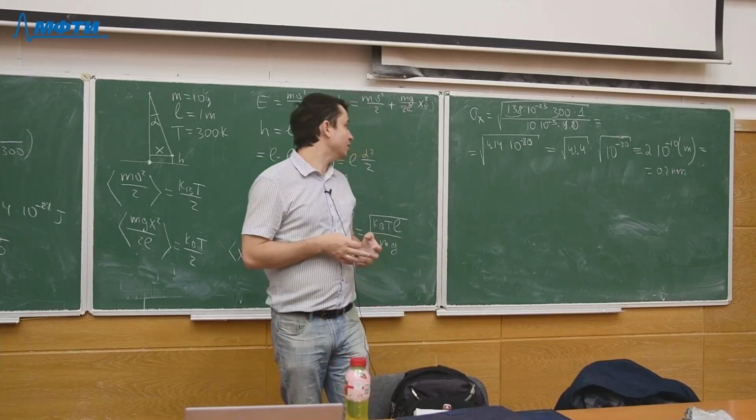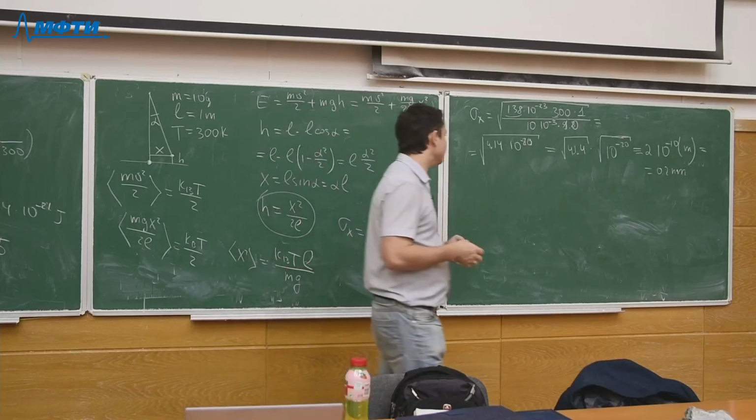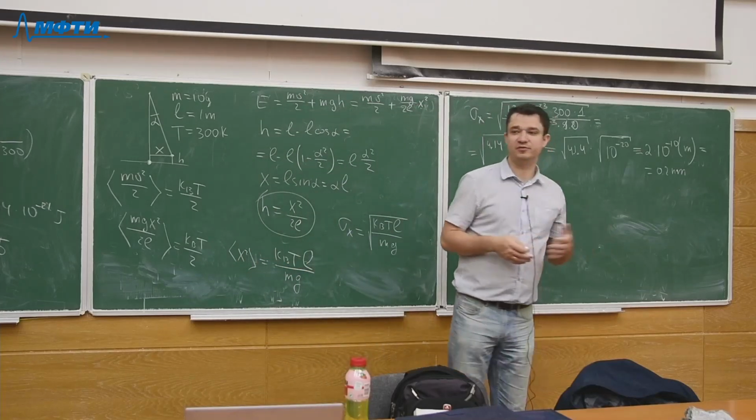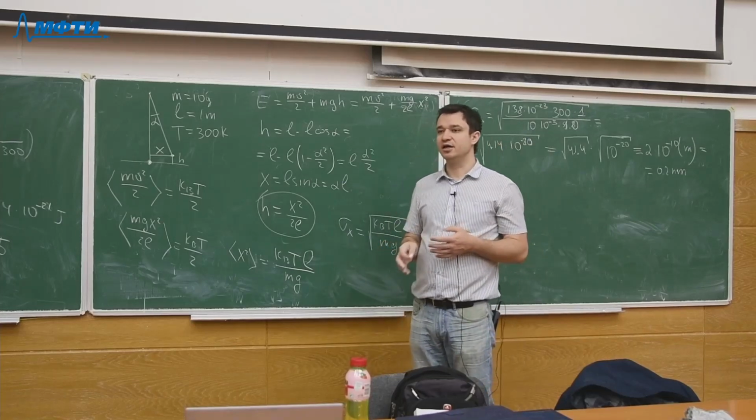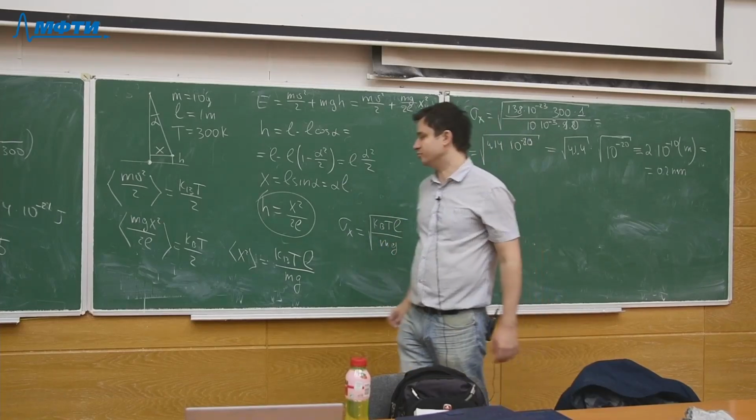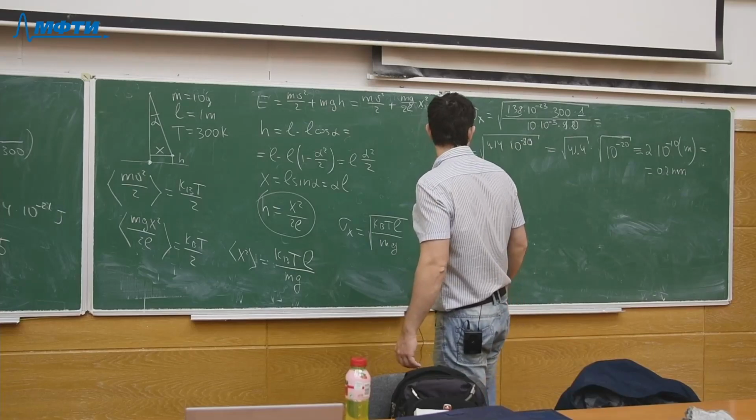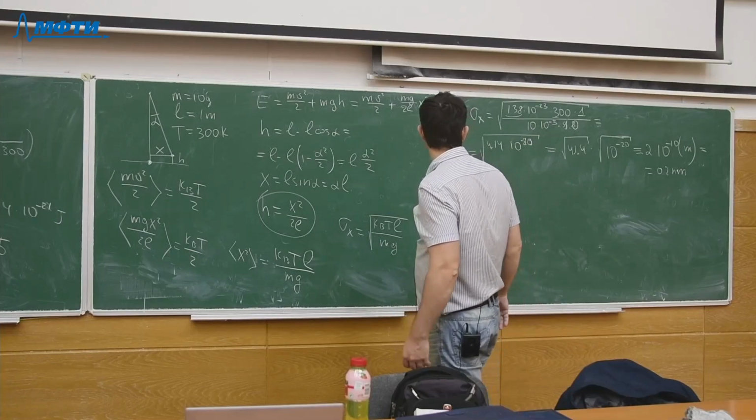So here, as you see, the relative fluctuations decrease as you increase the number of particles involved. So that means that at the end we have just 0.2 nanometers.